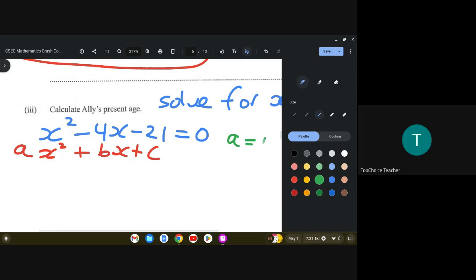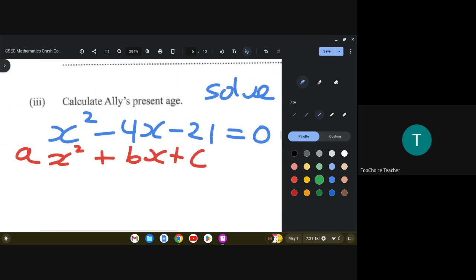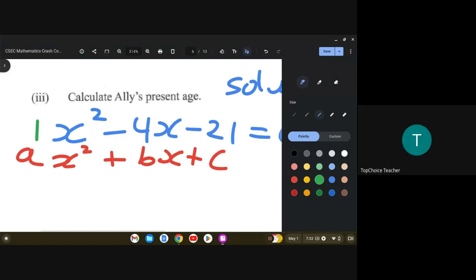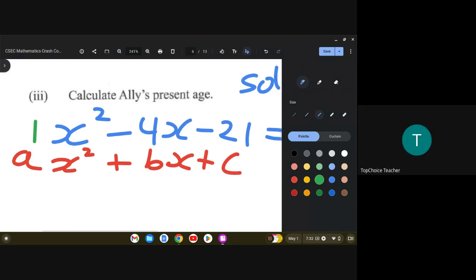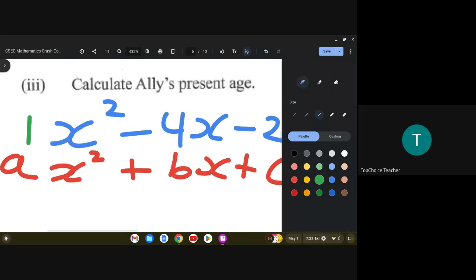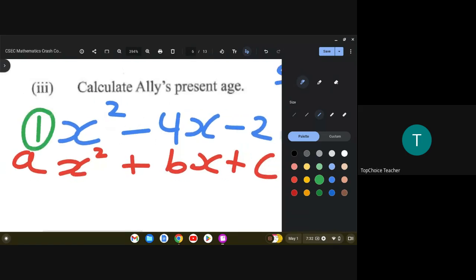A is 1. Those who don't know, if you have an x on its own, there's always an imaginary 1 in front of it. A would just be 1 because the number in front of the x squared is 1.